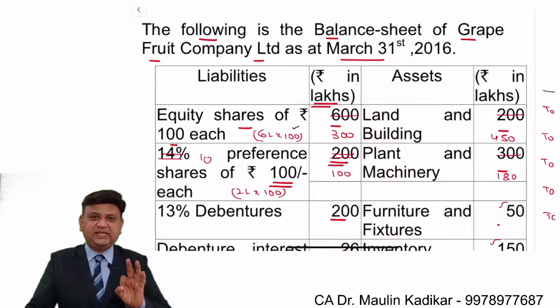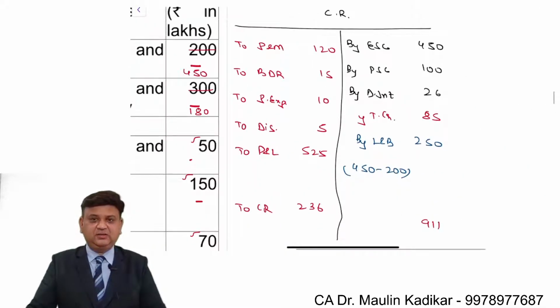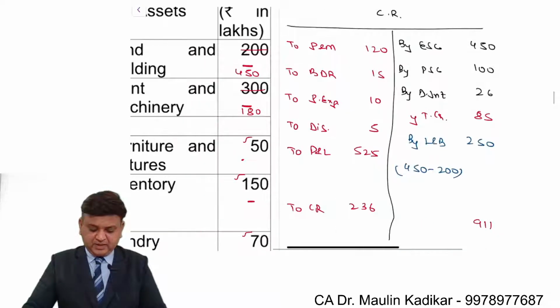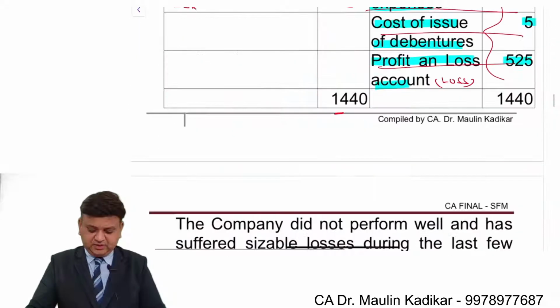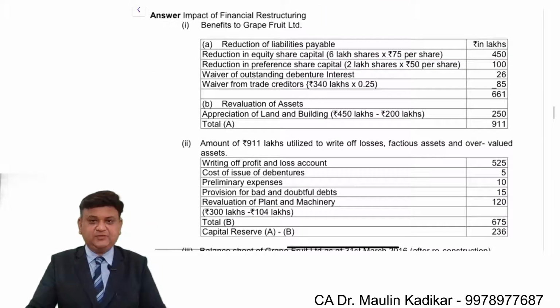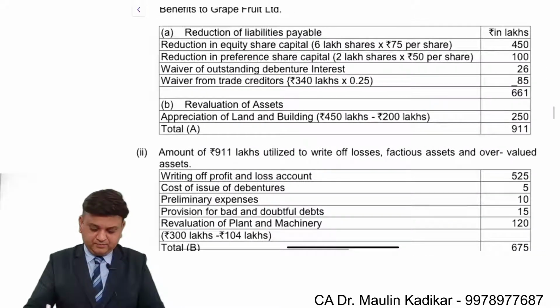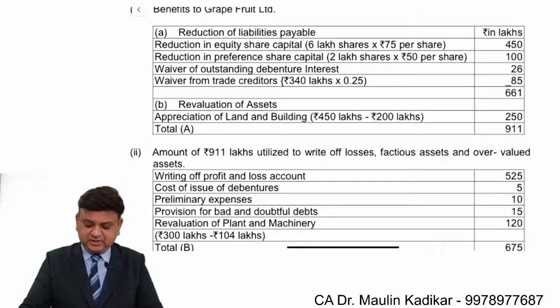So friends, it is exactly the same, a kind of capital restructuring. There is no change in it. A kind of capital reduction account that we used to prepare, exactly the same thing is here. I have provided a ready-made answer for this to you, wherein we understand the reduction in the liabilities: reduction in the equity share capital, that is 450, preference share capital, debenture interest, trade creditors, so a total of 661 reduction of the liability.